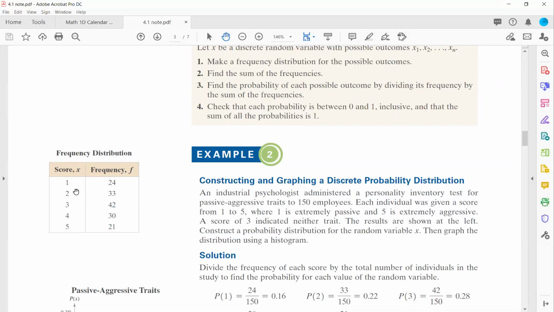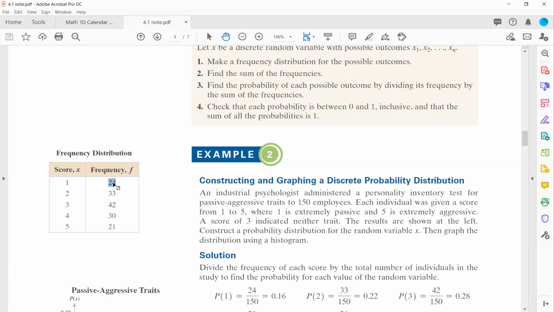Very well. Okay, guys. What do we have here? We have a table. On the left-hand side, you have 5 scores, which is your variable X. So scores are changing between 1 to 5. On the right-hand side, you have the frequency, which is the number of employees who are assigned these scores.